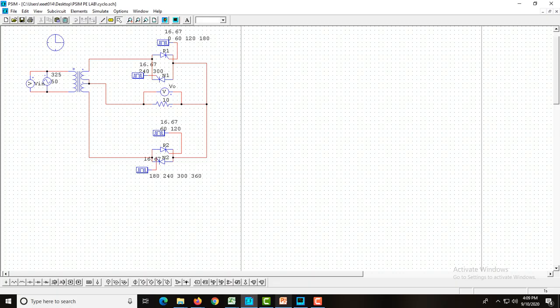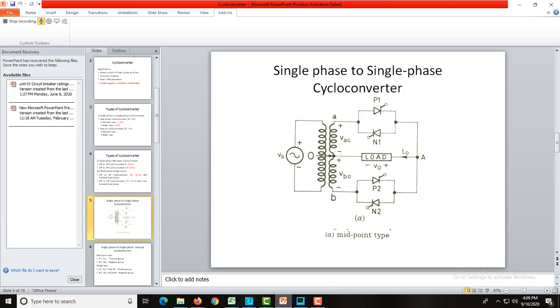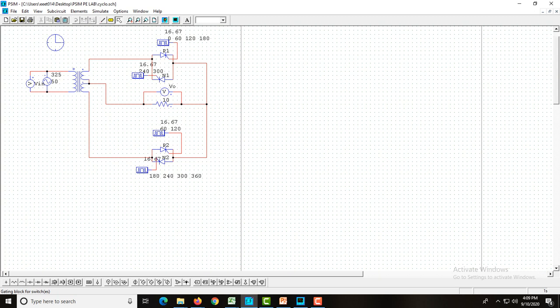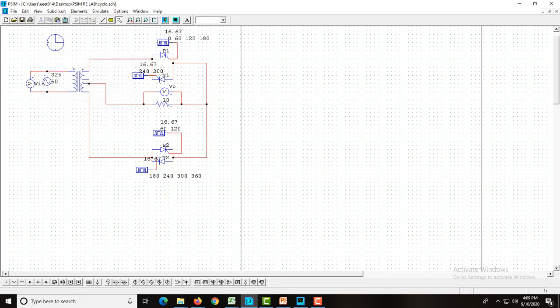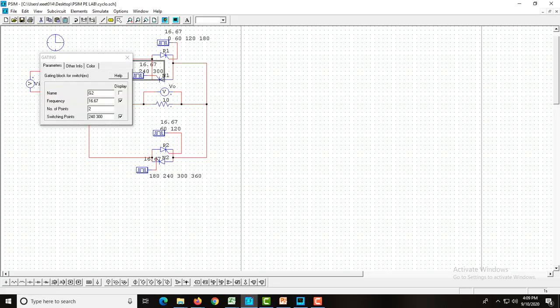We are getting the positive half cycle as the correct value, but the negative is 180 to 240, 240 to 300, then 300 to 360.